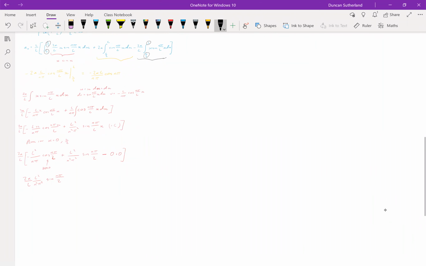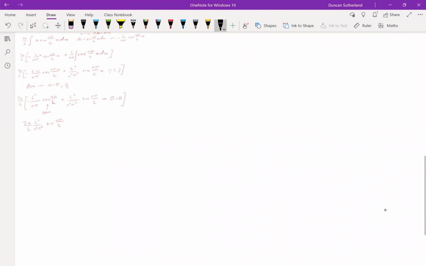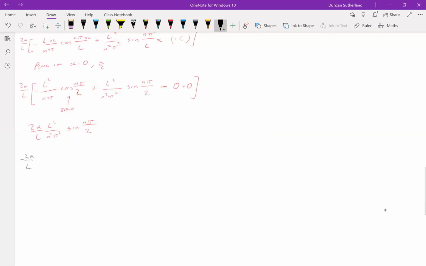So we've got now a minus, minus 2 alpha on L times all of this, so I've just got to carefully copy.